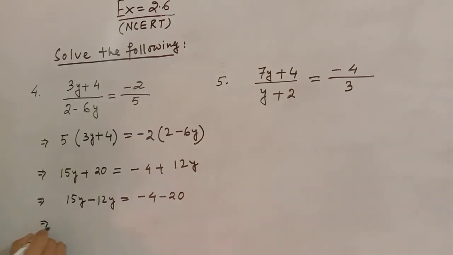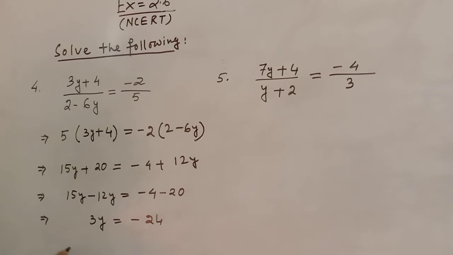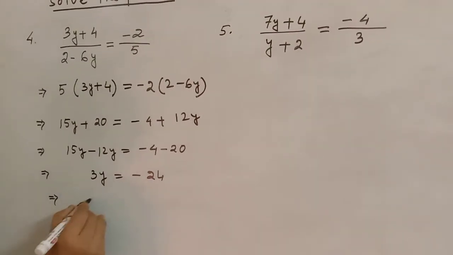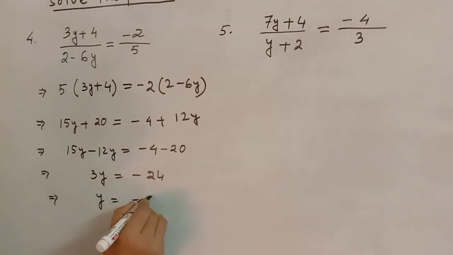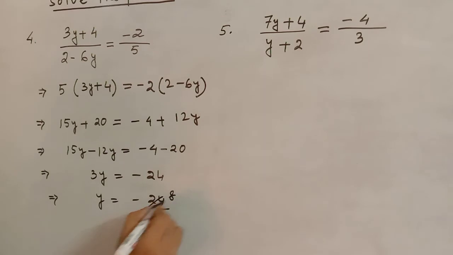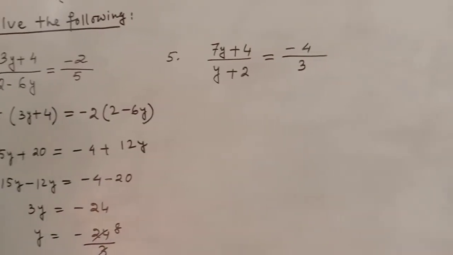Result is 3y equal to -24, or y is equal to -24/3, if you cancel it you will get 8. Therefore y is equal to -8. Come to the next question.